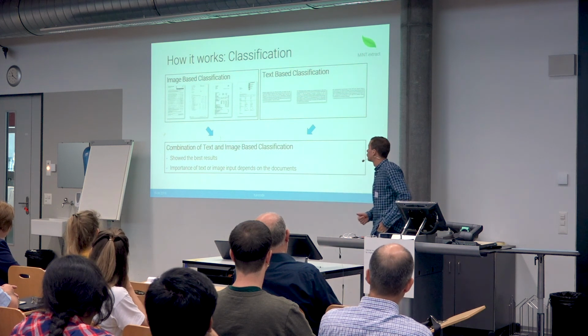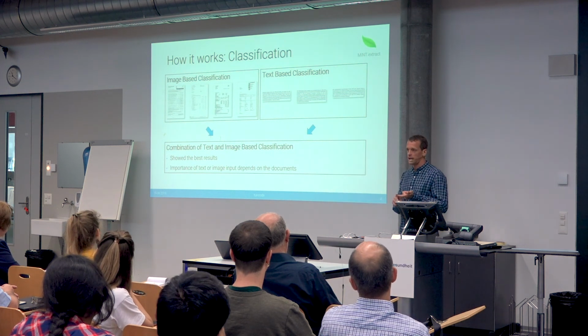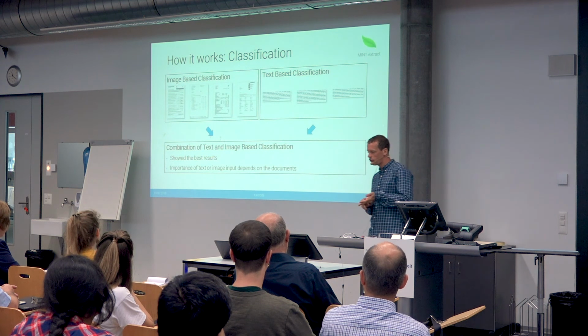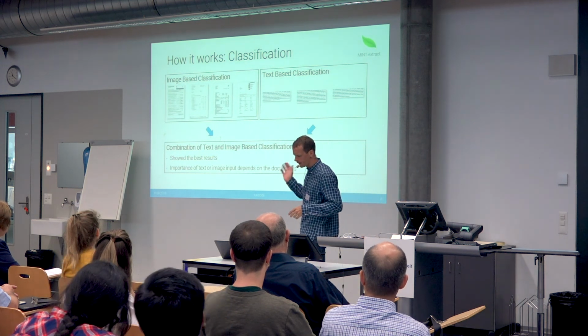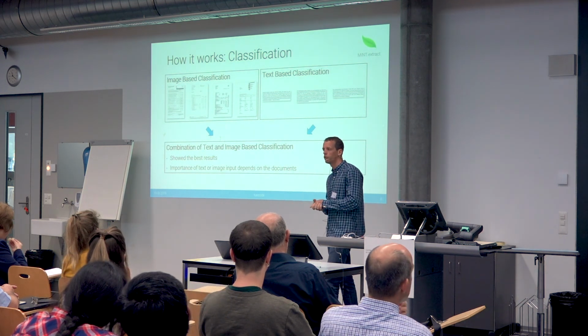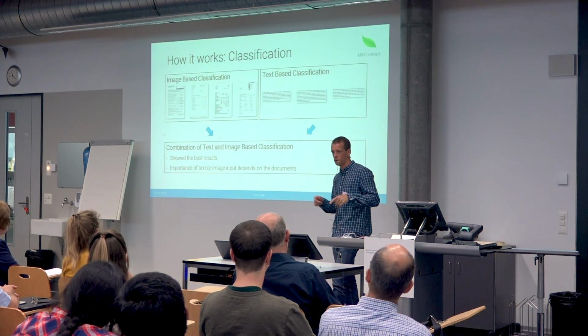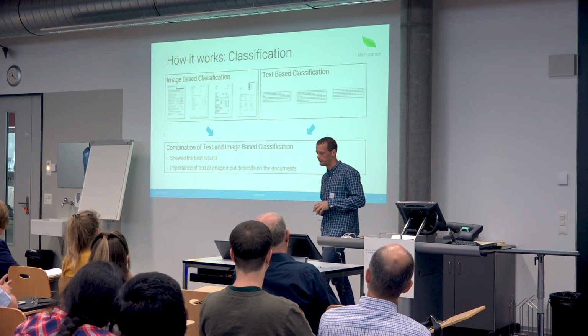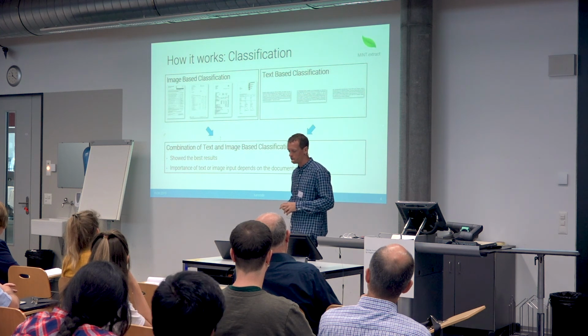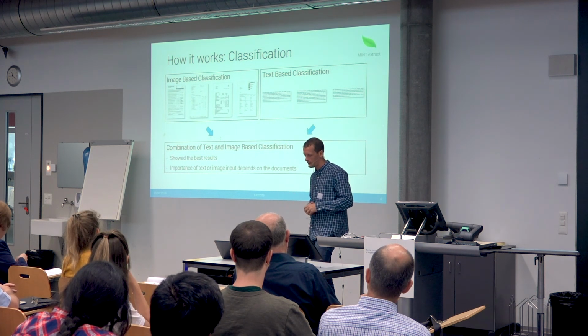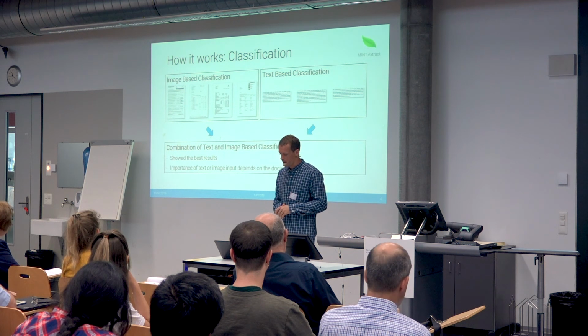Now I want to talk about classification, data extraction, and then validation. First, I want to give you insight how it works, and then I will give you insights later in this talk about the results for the three algorithms we got.